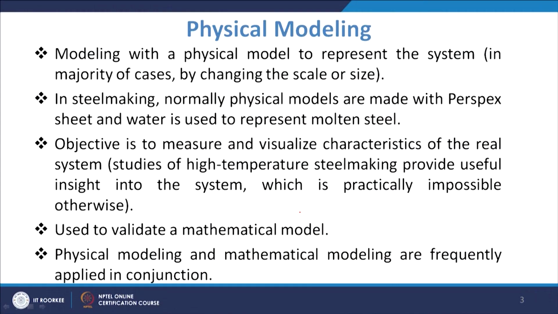Physical modeling and mathematical modeling are frequently applied in conjunction. So, many a times when we are going for mathematical modeling, we do the physical modeling, so that more faith in the scientific manner can be put onto the mathematical model. And when we do the physical modeling, there can be infinite number of experimentation, permutation and combinations.